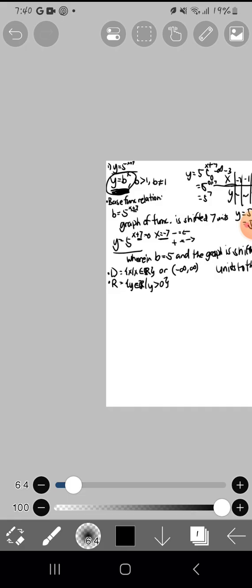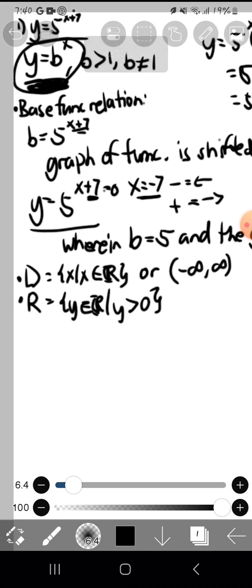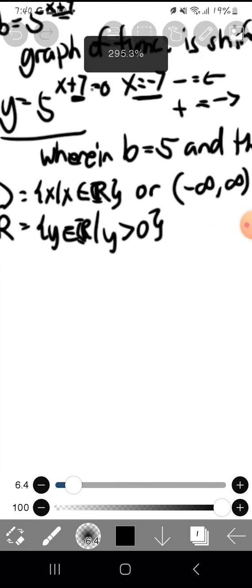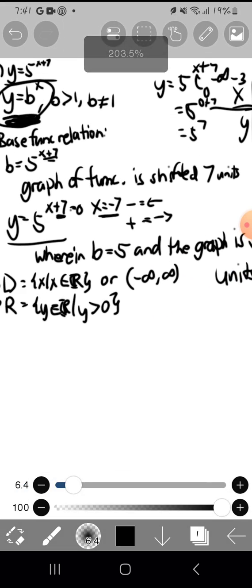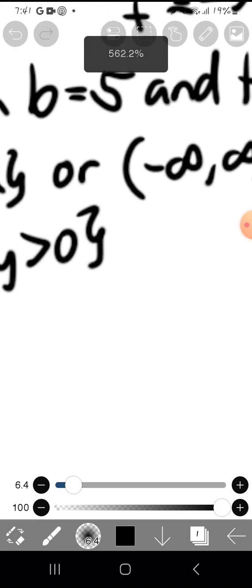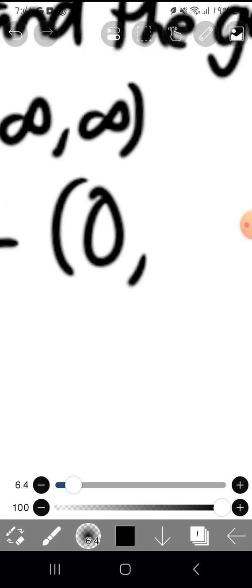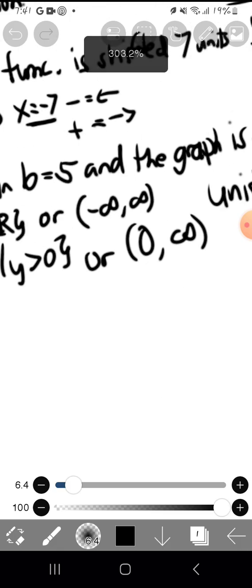Sa letter A or number 1, walang restriction, I think, sa range. Therefore, ang laging sagot dyan is y is greater than 0, or all possible values of y greater than 0. Nag-table values tayo to make sure na tama. Or sa interval notation, 0 hanggang positive infinity.